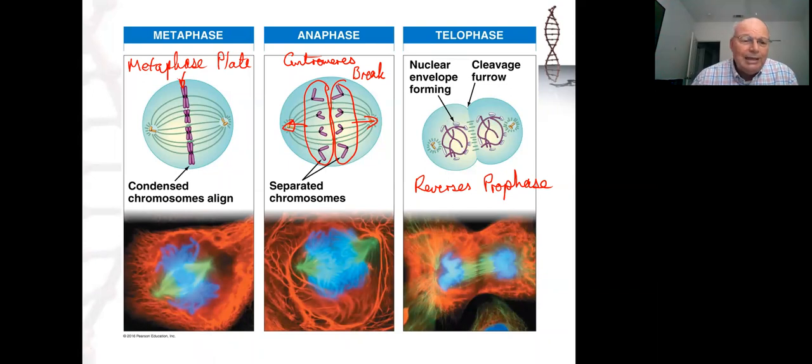So the supercoiling and coiling start to unravel and they return back to their chromatin form. The spindle breaks down, and because it can, cytokinesis, the actual division of the cytoplasm, begins, even though, remember, technically it's not part of mitosis. So that's mitosis and cytokinesis together.